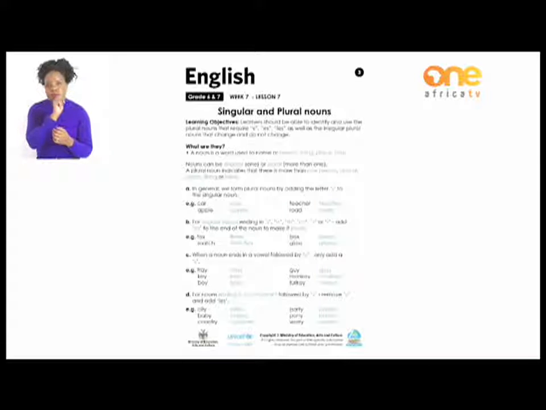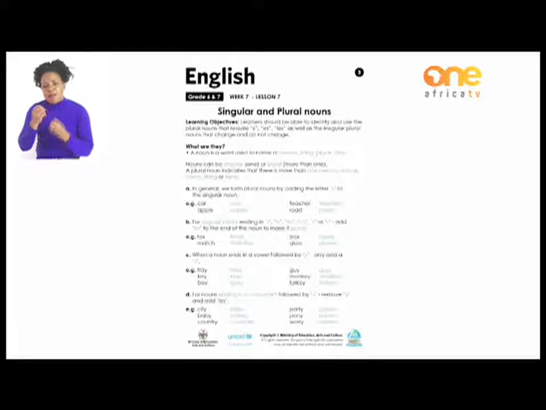In general, we form plural nouns by adding the letter S to the singular noun. For example, one car, 2 cars, an apple, 4 apples, one teacher, 5 teachers, 1 road, 3 roads.